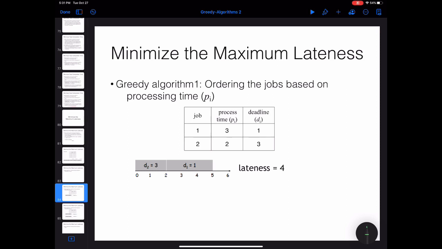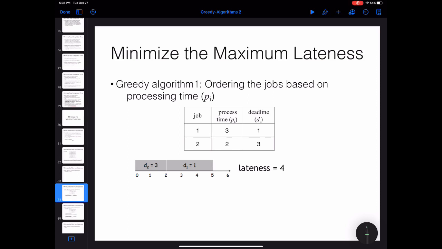In this example in this table that you can see, the processing time of the first job is 3, the processing time of the second job is 2. So it tells me to order the jobs based on the processing time. It means that you will do D2 first and then D1.